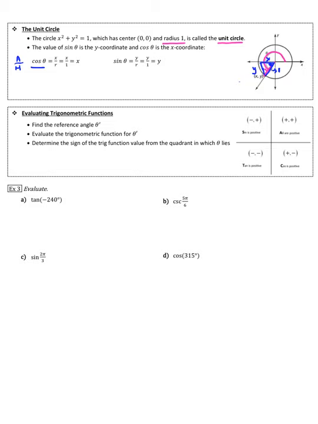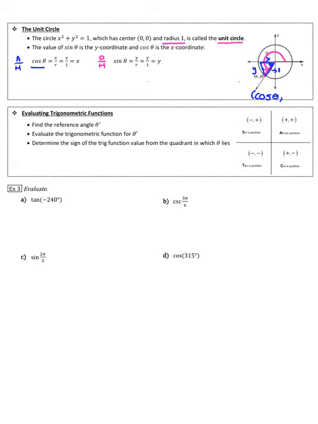So whenever you have a coordinate, the x coordinate is going to be whatever the cosine of theta is, because that's going to be the adjacent over 1. Sine, which used to be opposite over hypotenuse, is going to be y over r.